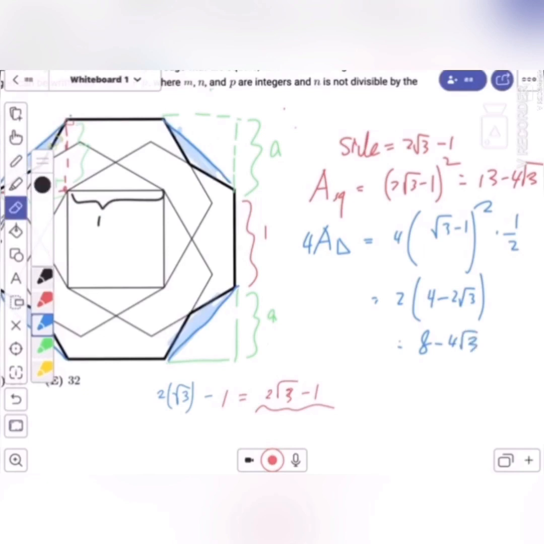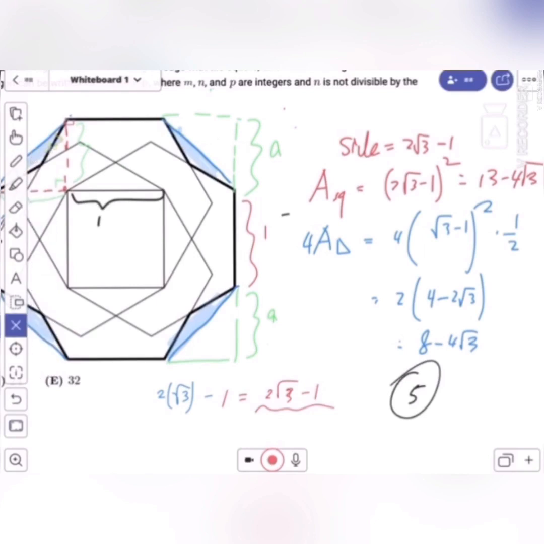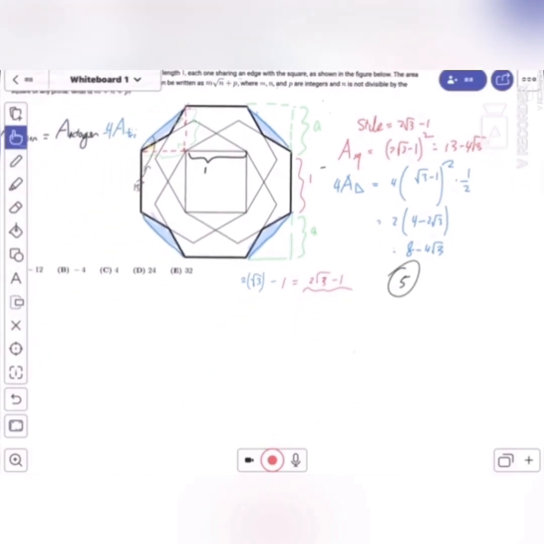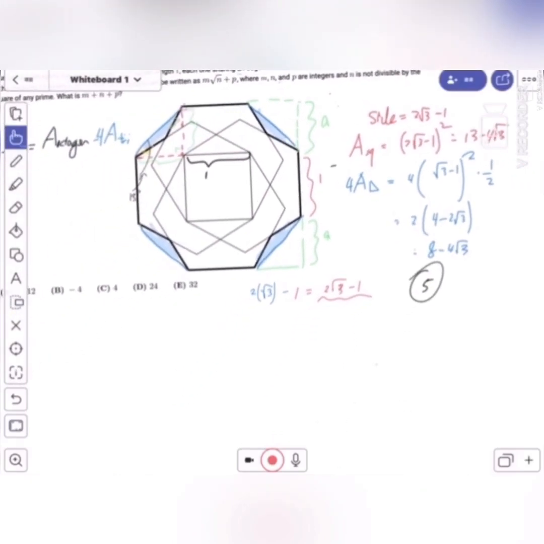Now you can see that the radical actually cancels out, right? If we subtract these two, then we get 5 as the area of the octagon. So now let me just erase everything that we did. Actually, I'm not going to erase, possibly. But 5 is the area of the octagon.